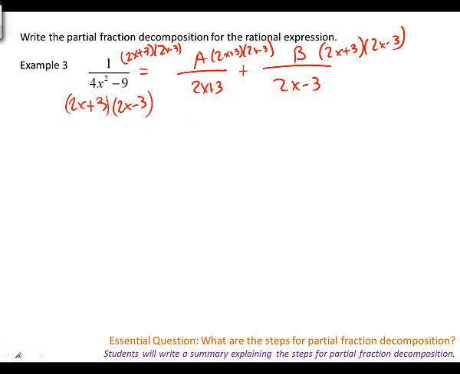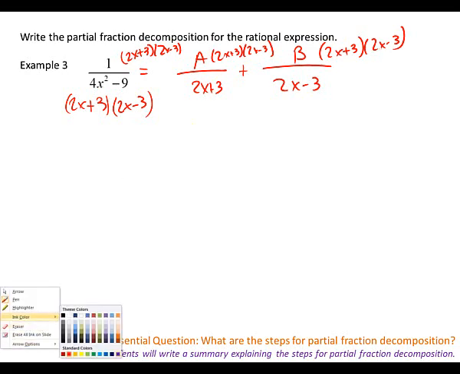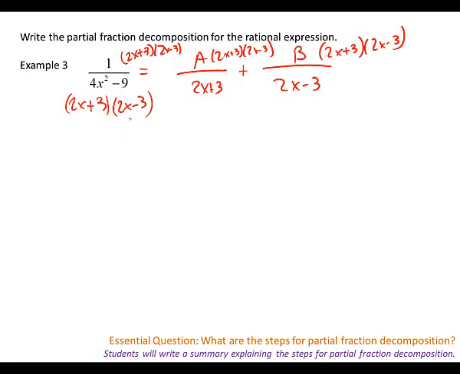Good. I'm going to use a different color to cross stuff out with. Okay, so I'm going to cancel stuff out. I'm just left with a 1 equals. What cancels in this middle term here? Good, and I'm going to distribute the a.